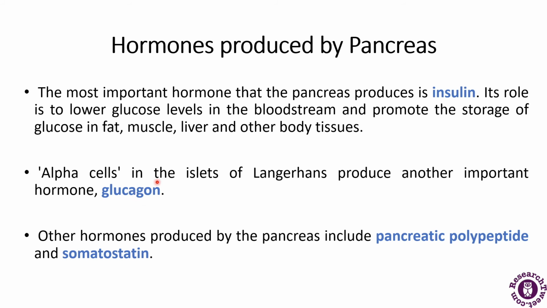Therefore glucagon and insulin work together to control the balance of glucose in the bloodstream. Other hormones produced by the pancreas include pancreatic polypeptide and somatostatin. They are believed to play a part in regulating and fine tuning the insulin and glucagon producing cells.